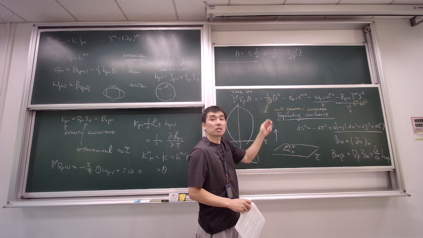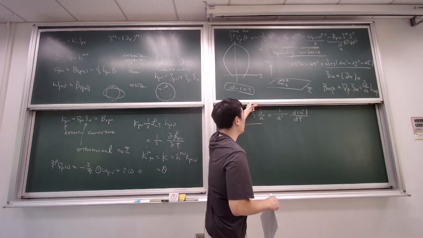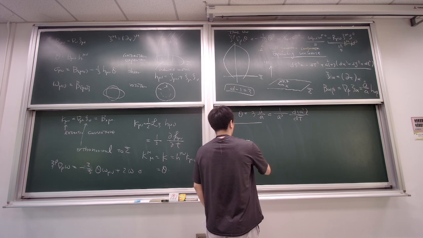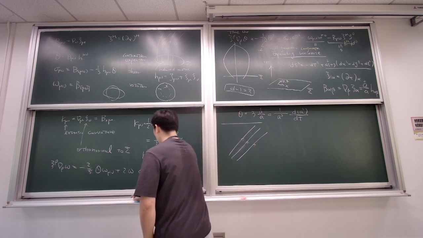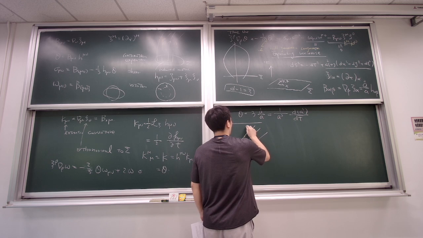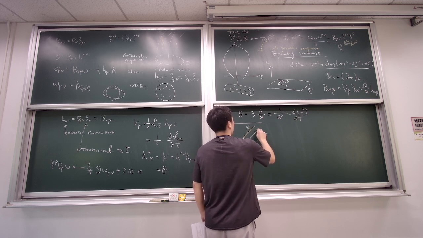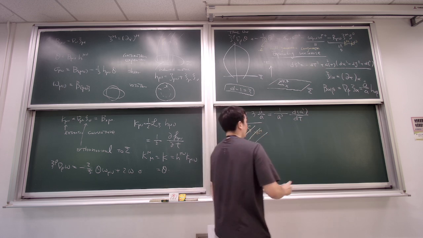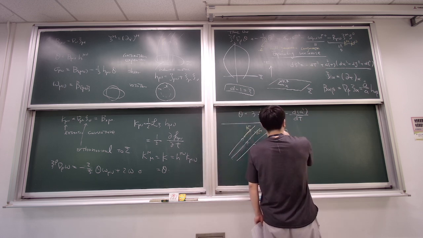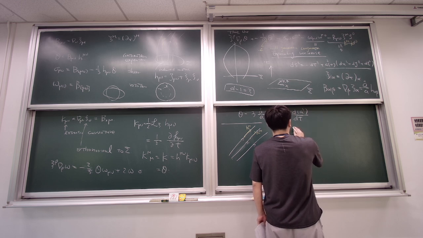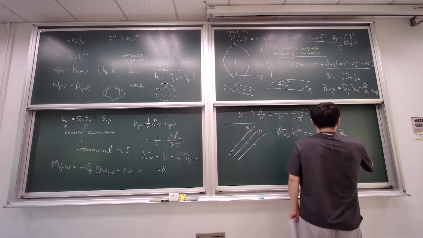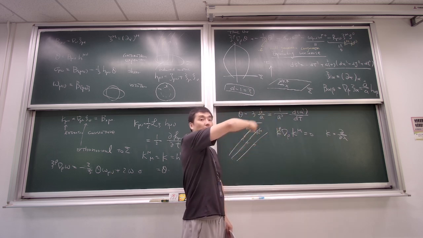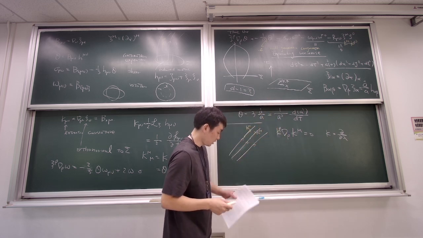This 3 is actually d minus 1, which equals 3, where d is the spacetime dimension. Because if you take timelike geodesics, the orthogonal component has 3 directions. That's why you have a 3 here. On the other hand, if you have a null geodesic congruence, I call the tangent k, k mu, which is affinely parameterized, k mu is equal to del lambda, where lambda is the affine parameter of the null geodesics.